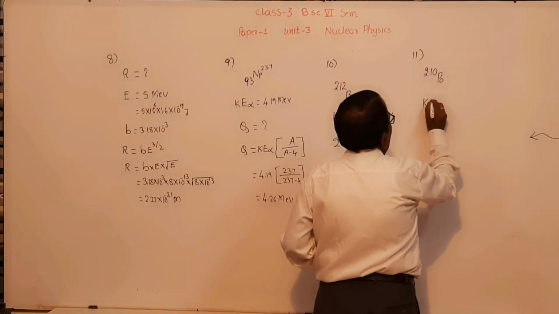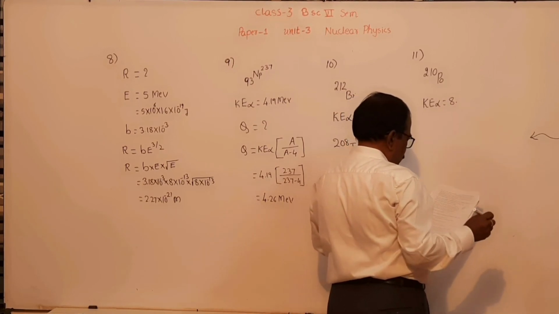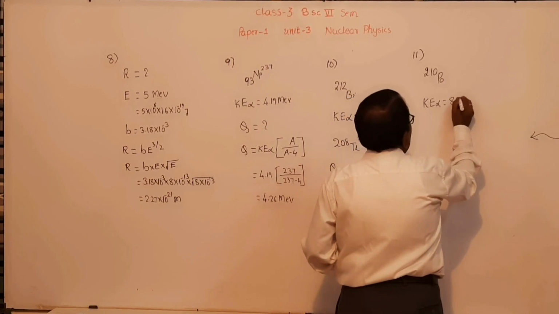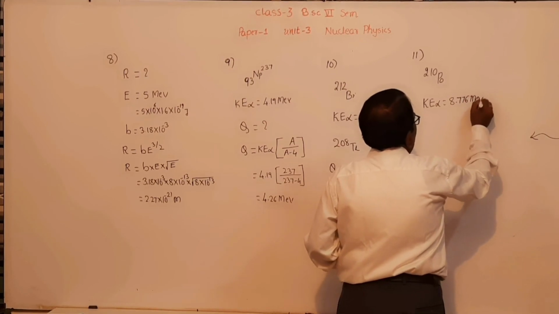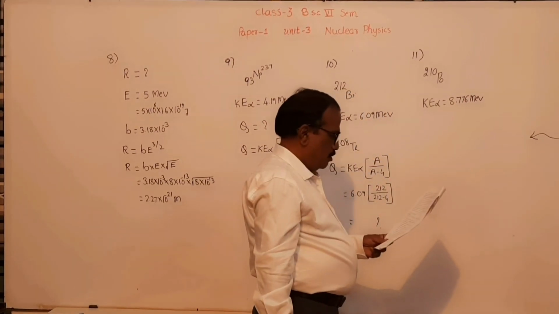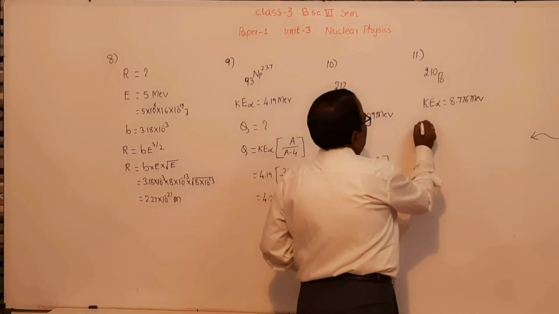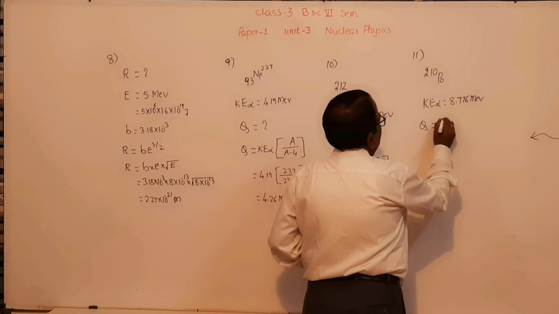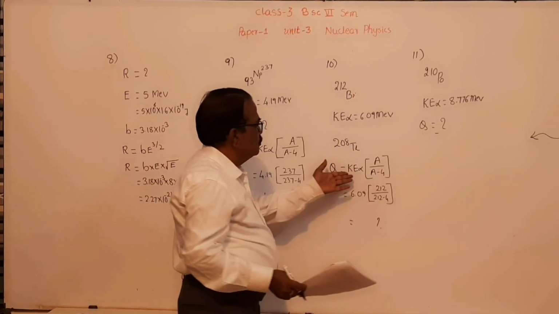KE alpha is 8.776 MeV. Calculate the corresponding disintegration energy. Once again, Q is what? The same formula you have to use.